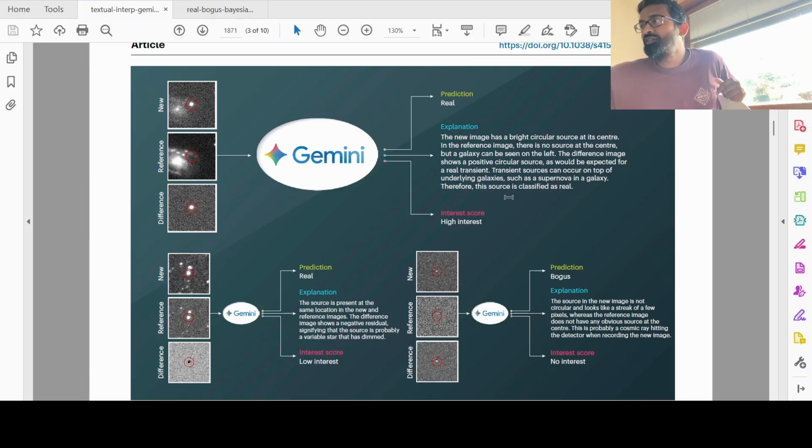Transient sources can occur on top of underlying galaxies. Very well possible, with some supernova, type 1, type 2, close to the center of the galaxy, we could have something like a tidal disruption event, etc. So transient sources can occur on top of underlying galaxies, such as a supernova in a galaxy. Right, there is. Look at that. Therefore, this source is classified as real.